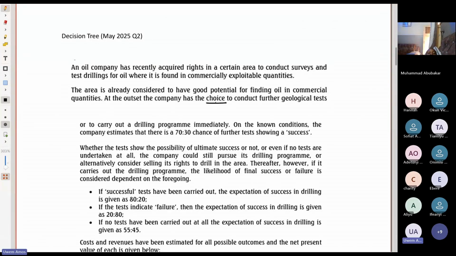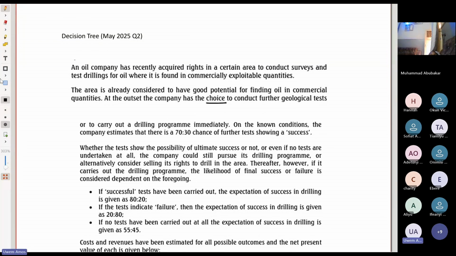So if you do carry out the test, there's a 70 to 30% chance of a success. Whether the test shows the probability of ultimate success or not, or even if no tests are undertaken at all, the company could still pursue its drilling program or effectively consider selling its rights in the area.